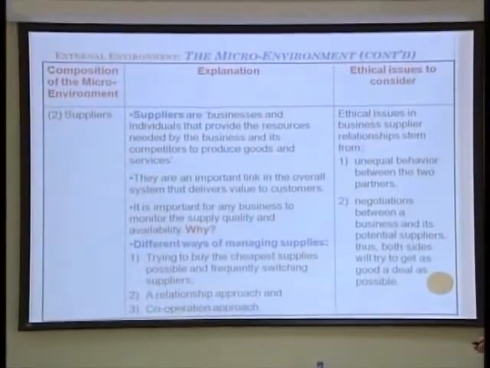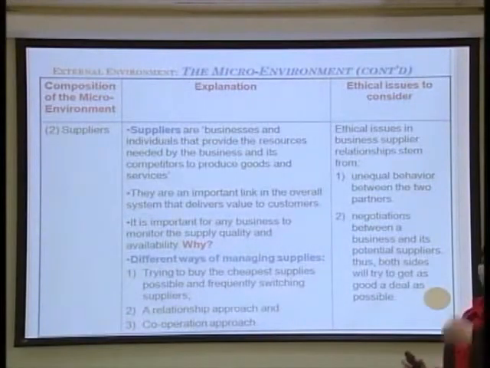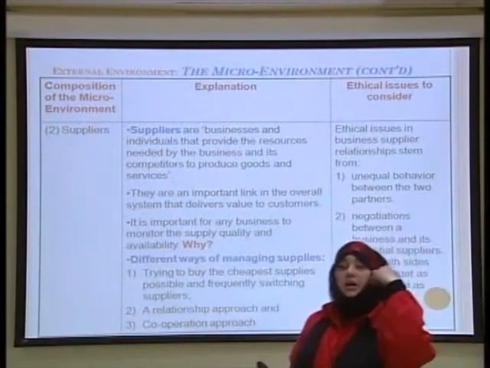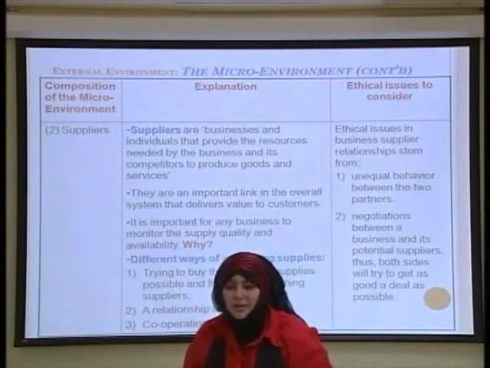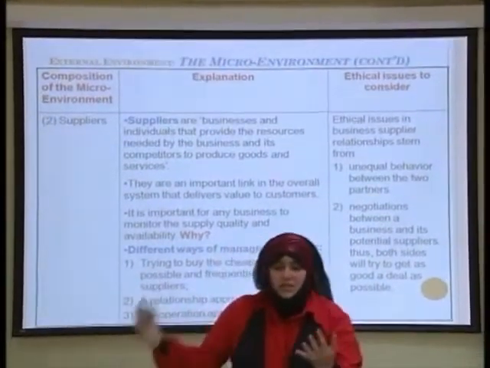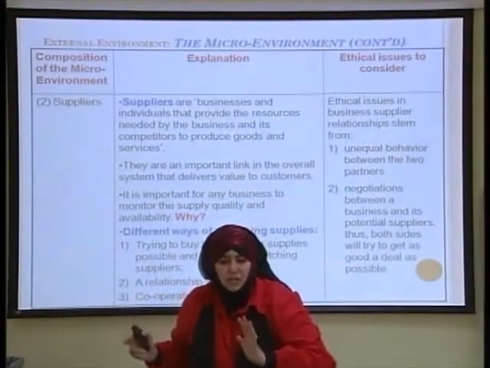Okay? The last one is about the cooperation approach. The cooperation approach, when you cooperate with the supplier to produce something new, like for example, a specialist machine. We don't have this in the market, so let's cooperate. I cooperate with you as my supplier to produce this machine.